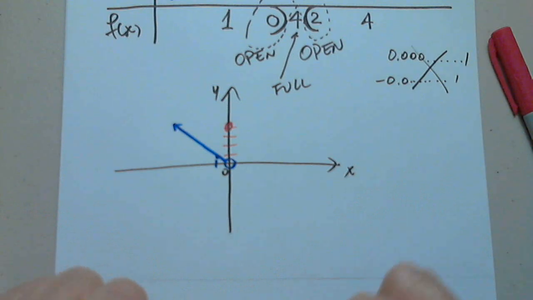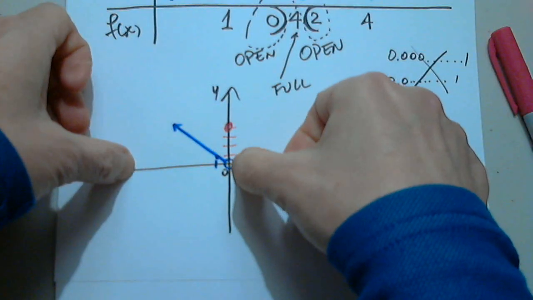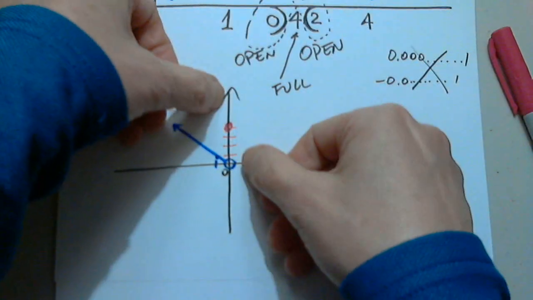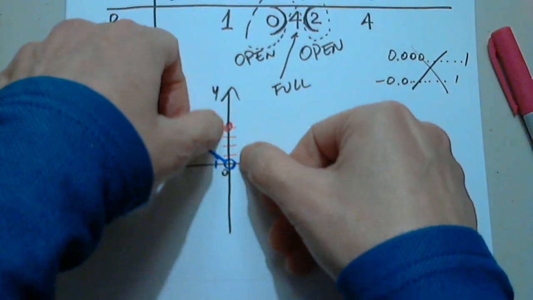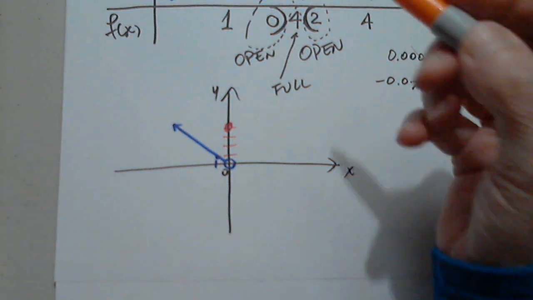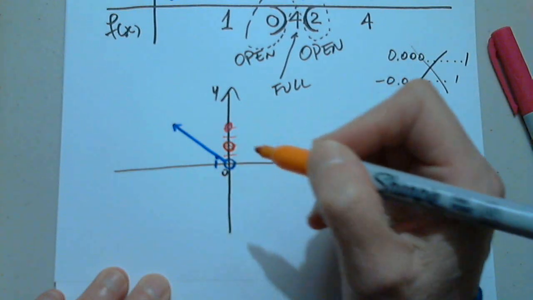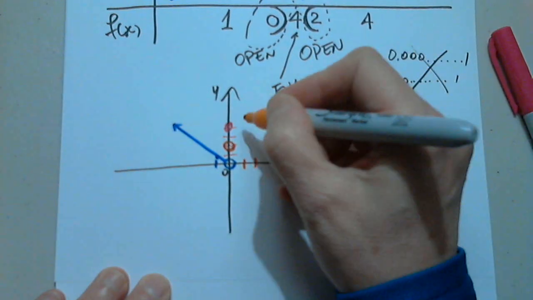Done with this color. I cannot extend anything anywhere because this is only between negative infinity and 0. A full point is only one full point, which is 0, 4. And now I'm using this color for 0, 2. It has to be an open point, and 2, 4.